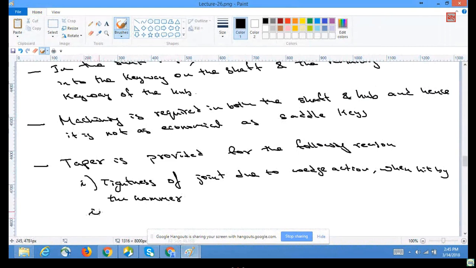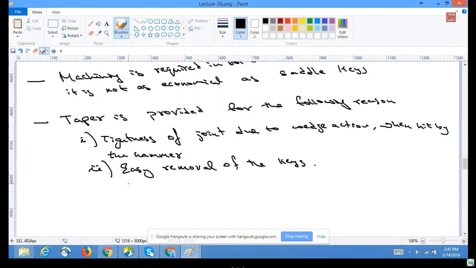Secondly, easy removal of the keys. And hence, taper on one side of the key is enough.